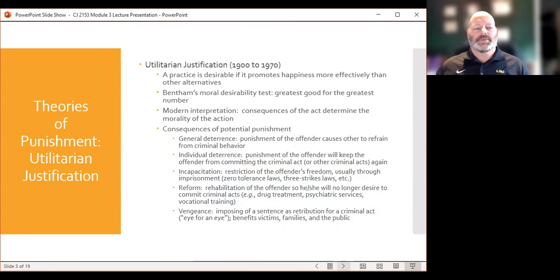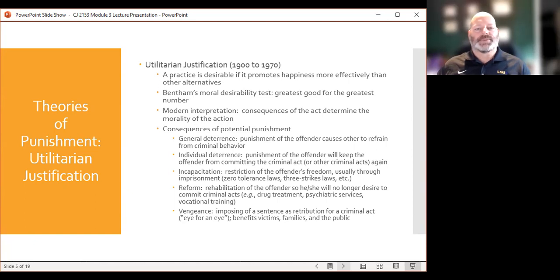There are 2 theories of punishment that have evolved through our criminal justice system in the United States. The first is the utilitarian justification, which was put into place in the 1900s and followed all the way up to 1970.